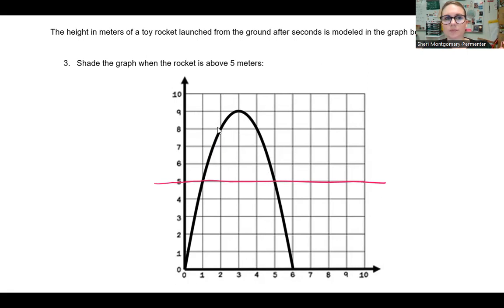In the middle, right? Everybody agree? That's when it's above. So, I'm going to shade right here. This is when my graph is above. Right there. That's how I shade it. That's when my graph is above 5 meters. Right there. Yeah. That's it.